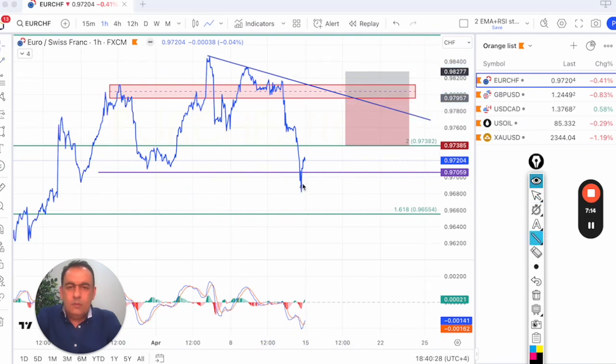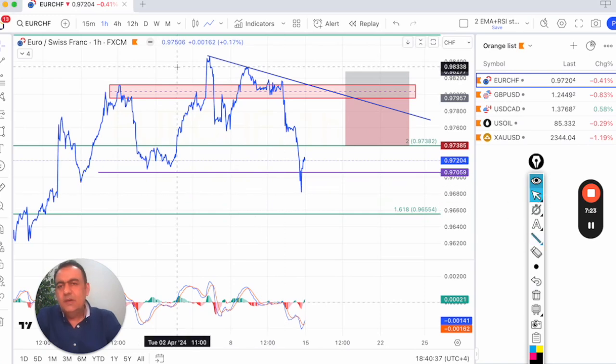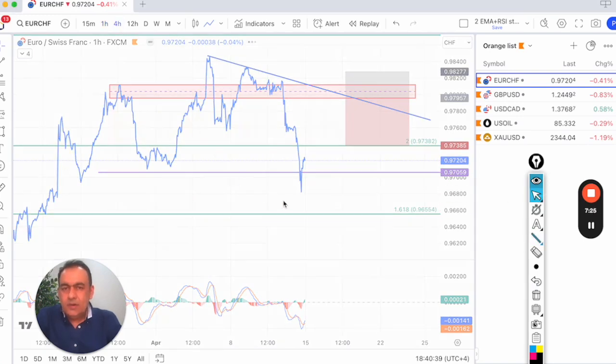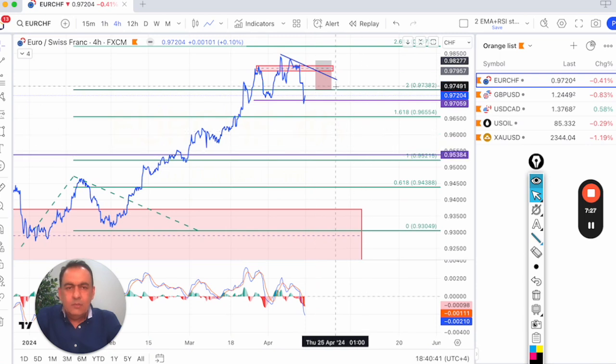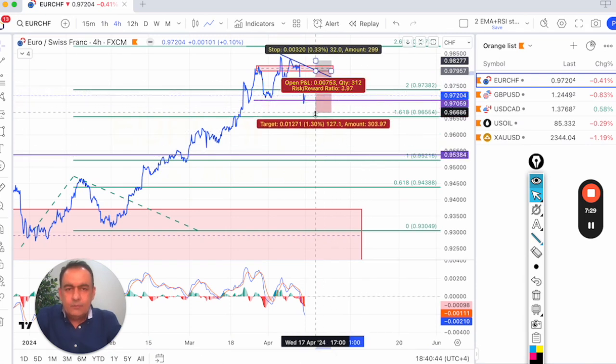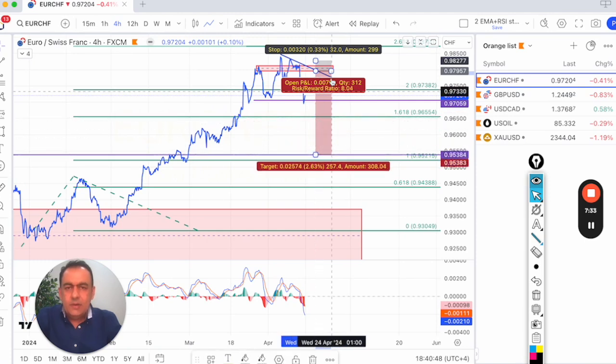So once this upside correction is done, we should enter into a sell trade, and we can expect FE 100% of the bullish run. So I'm going to mark my target here. This is our first target, and this could be our major target.